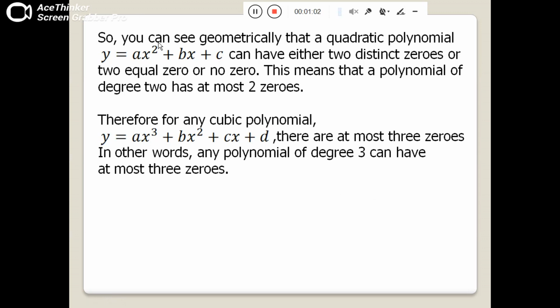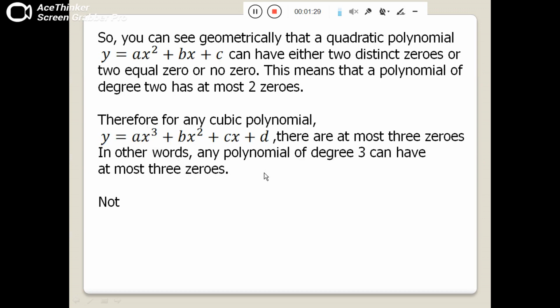It means the number of zeros depends on the degree of that polynomial. A quadratic polynomial is a 2-degree polynomial, so it has at most 2 zeros. A cubic polynomial has degree 3, so it can have at most 3 zeros.